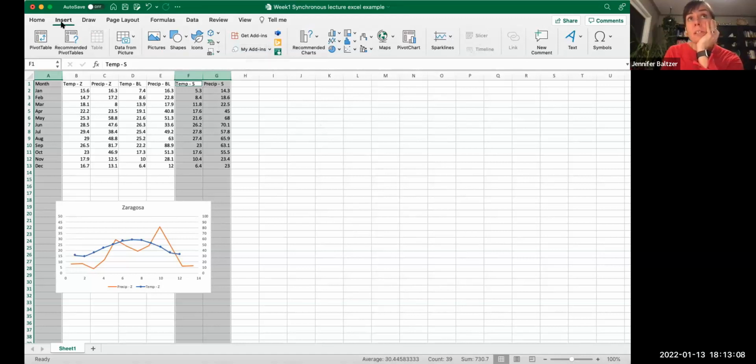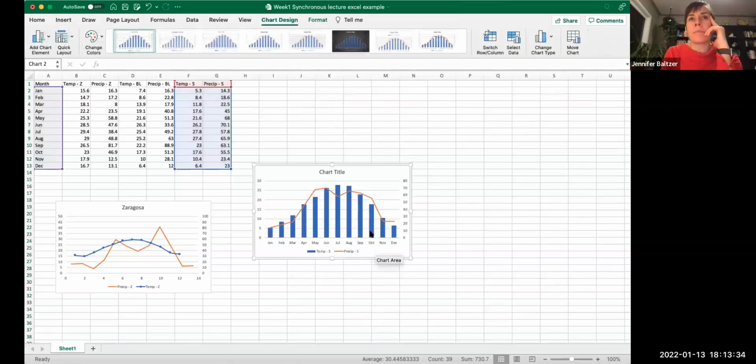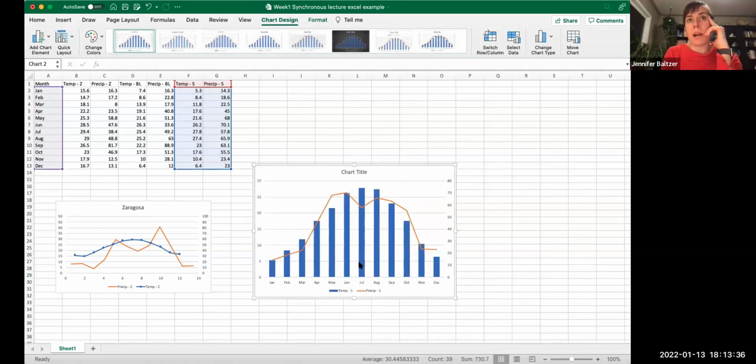So you go into insert, and there are all these different chart types. And there's this one here that is combo charts, okay? And so using two different response variables on the same plot. I'm going to do this one here that shows this dotted line. So line on secondary axis, that's exactly what we want. And so we can select that one, and it creates this graph like this.